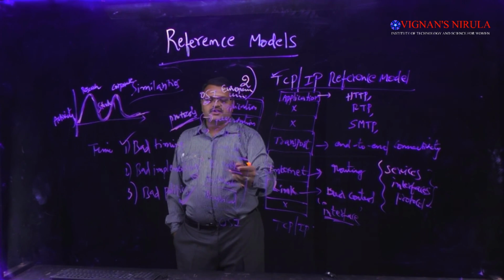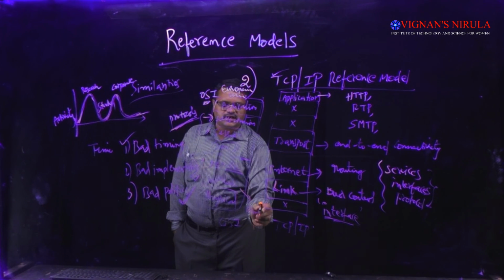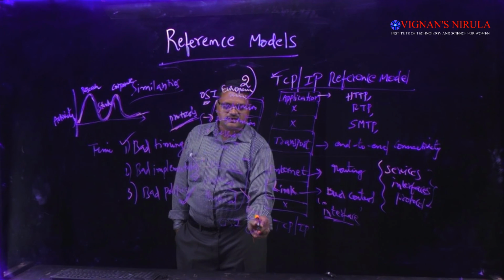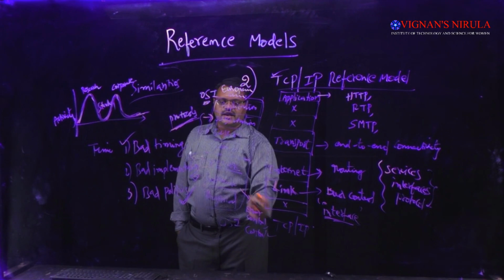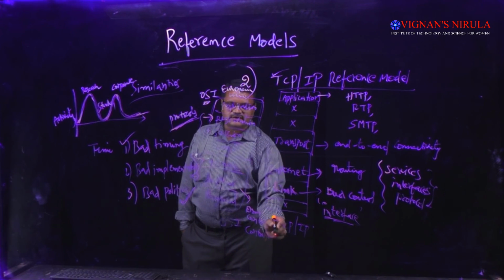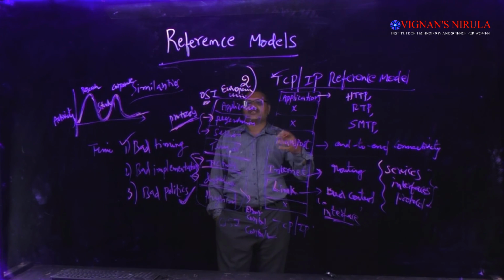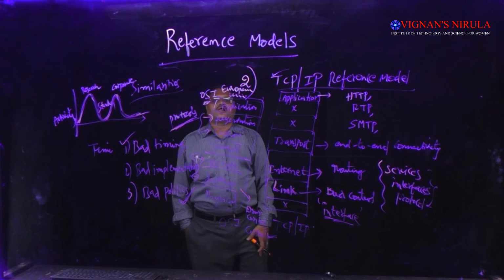That means if you see error control and flow control, these appear in every layer. Like in transport layer flow control is there, and in data link also flow control is there. So the same functionality repeatedly happens in different layers in OSI. That is another criticism of OSI.